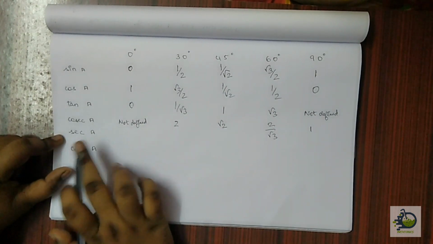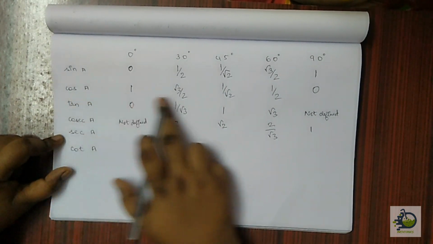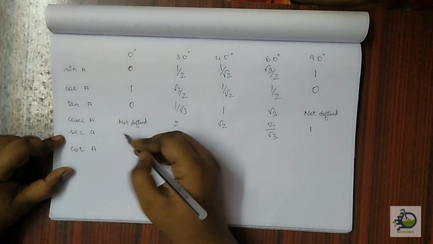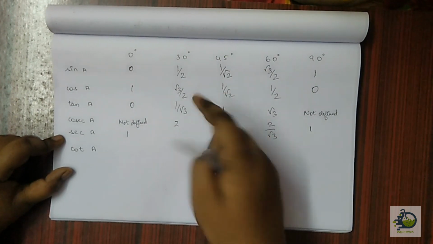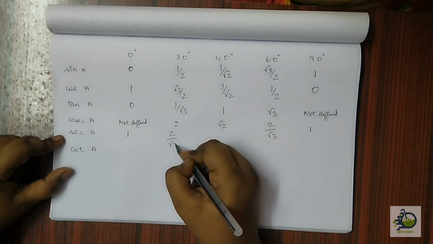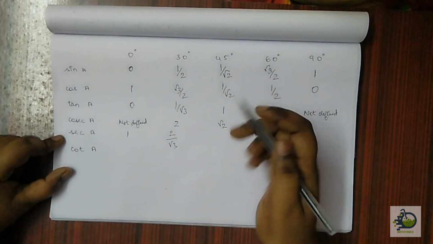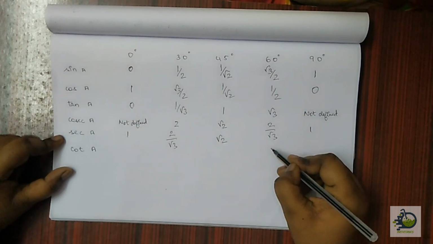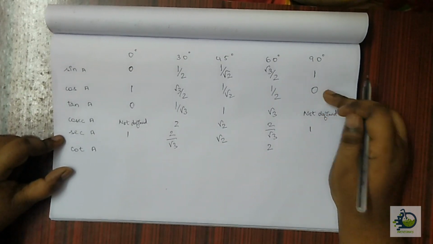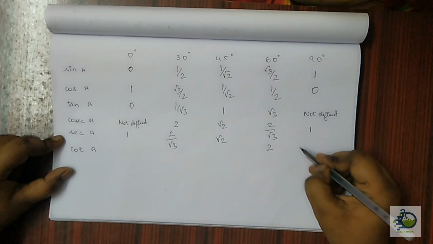Now secant A. Secant A is the reciprocal of cos A. So 1 by 1 is 1, reciprocal of root 3 by 2 is 2 by root 3, reciprocal of 1 by root 2 is root 2, reciprocal of 1 by 2 is 2 and reciprocal of 0 is not defined.